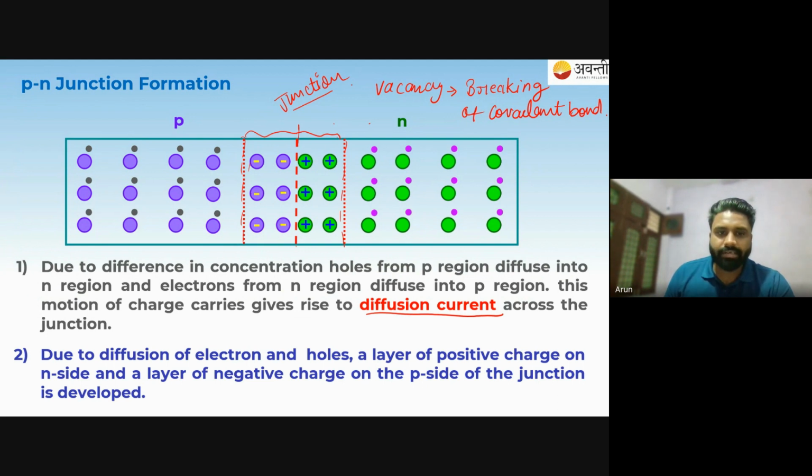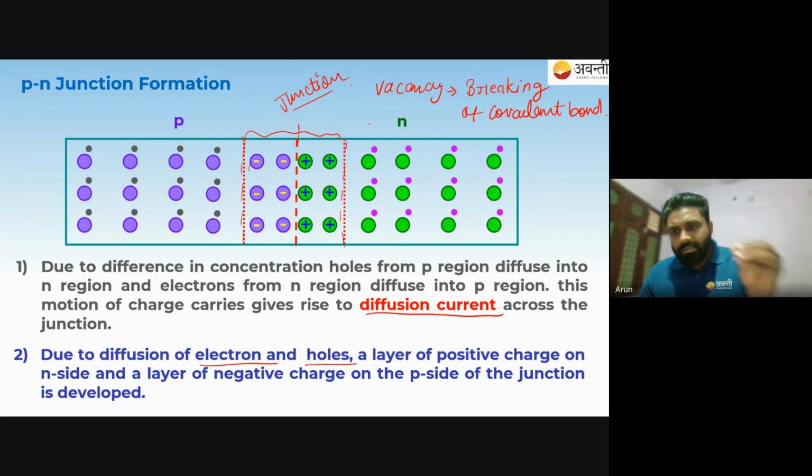Because of this diffusion current, the diffusion of electrons and holes takes place, and because of this diffusion there is a layer formed at the junction. Why is this layer forming? Because all the electrons near about the junction have already filled the vacancies provided by the trivalent impurity.